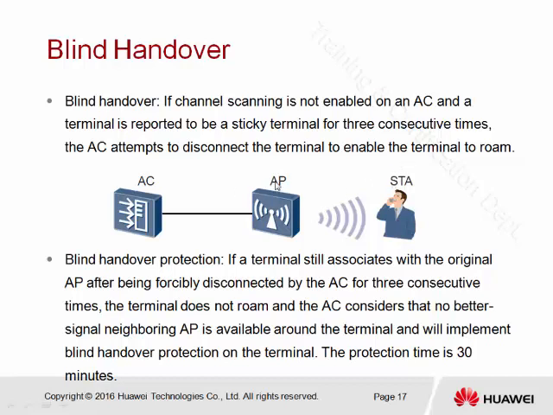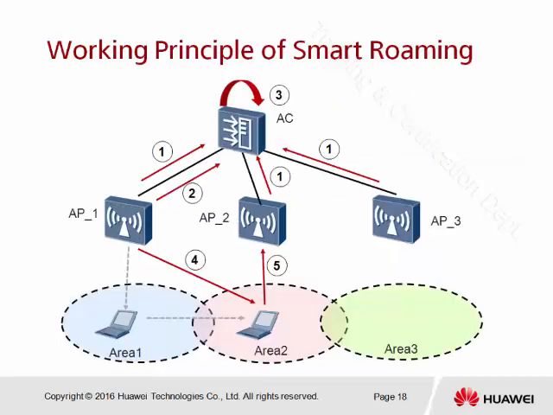After the three rounds, the SDA still does not roam to another AP. Then the AC will assume there is no other AP in the surrounding that can associate with the SDA, and understands that this SDA can't perform roaming in this case. So you enable protection for this SDA. The protection time is up to 30 minutes. So this is the working principle of the smart roaming.